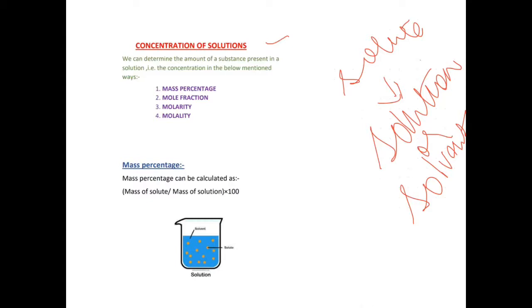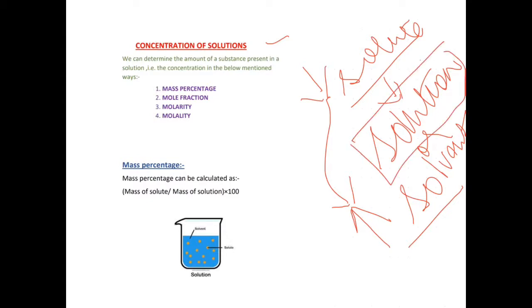The substance which is present in less amount is solute, and the substance which is present in higher amount, or the substance in which we dissolve the solute, is called solvent. And what is solution? Solute plus solvent makes solution.